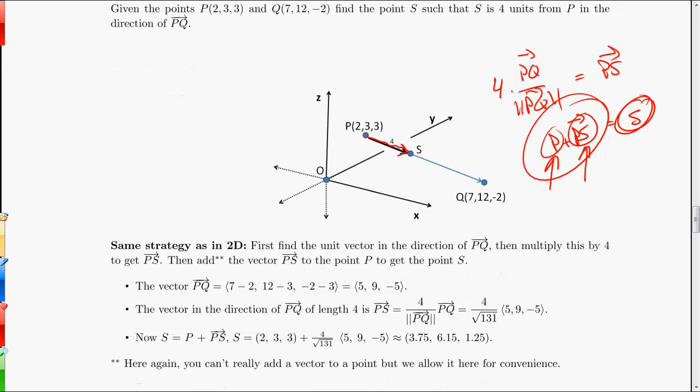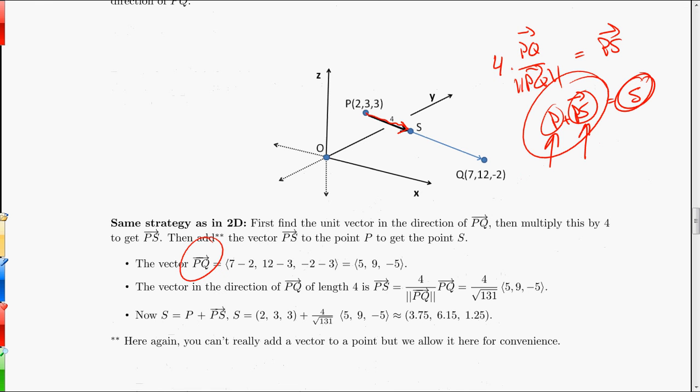It's really quite simple. We take PQ, that's just from subtracting: 7 minus 2, 12 minus 3, negative 2 minus 3, so there's my PQ. Its length is the square root of 131, that's just the square root of 25 plus 81 plus 25. So I divide by its magnitude, then multiply that by 4.